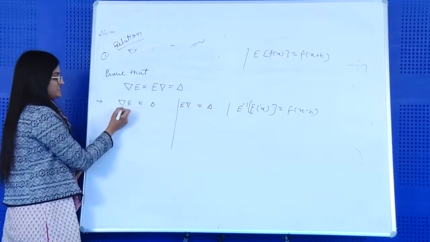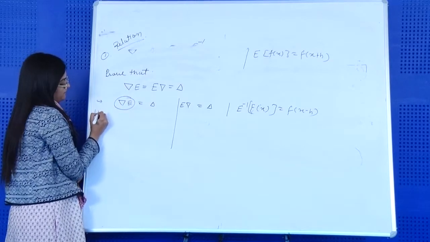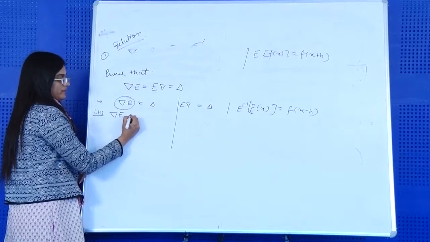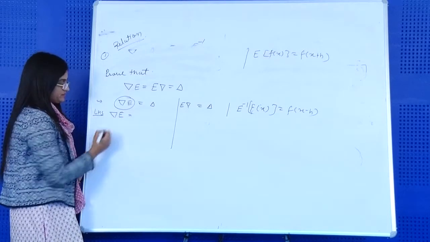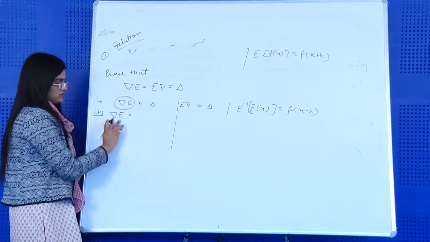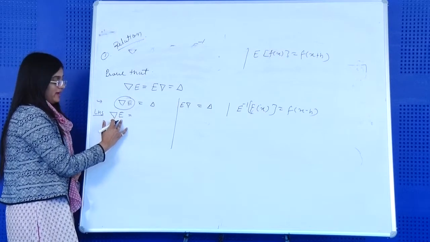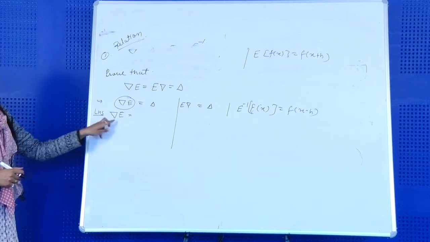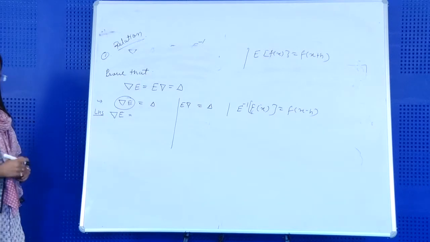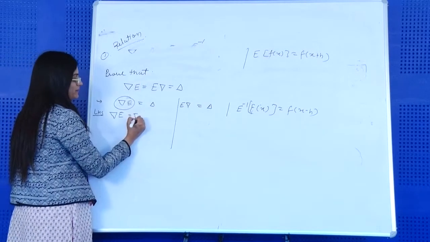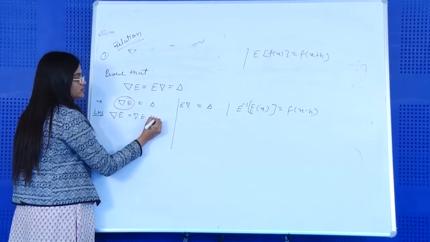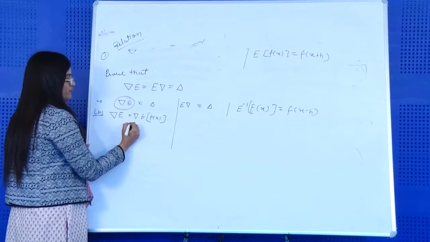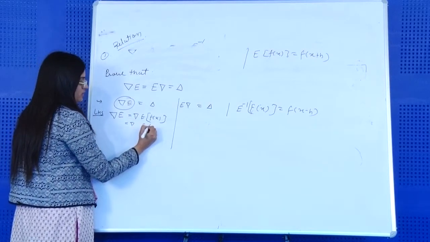In this part, I start with the LHS. Nabla E is, because these two are operators, and operators don't have a single identity, you have to apply the operator on the function. That's why I apply the operator on the function. So first I apply E on the function.